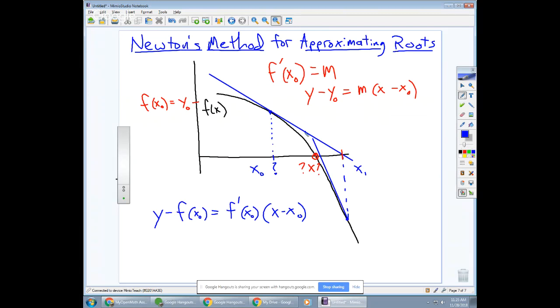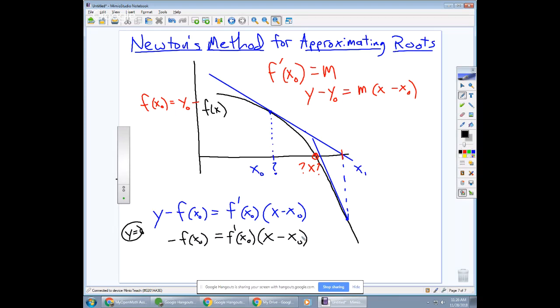Then we set it equal to 0. Well, what gets equal to 0? Well, on the x-axis, y is 0, correct? Yeah, so I'm just going to put a 0 right there and solve for x. So that's going to give me, so y equals 0 here. So I have negative f of x0 equals f prime of x0 times x minus x0.